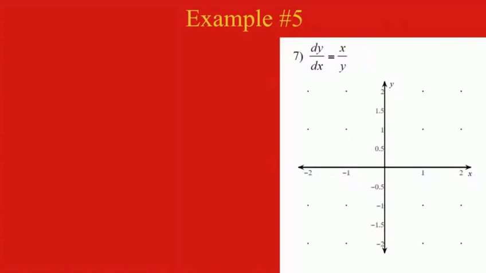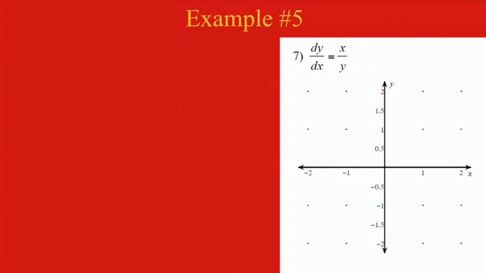So again, something like this right here, we're just simply recognizing that it's a fraction. Since we're dividing by y, anywhere y is 0, in this case the x-axis, we have an undefined slope. So we're not going to be doing any slope lines on the x-axis because that's where y is 0.